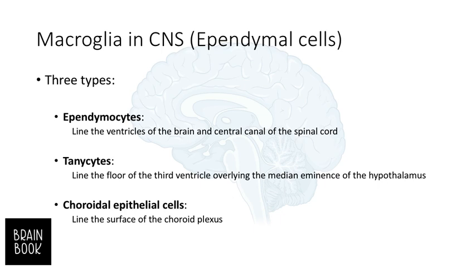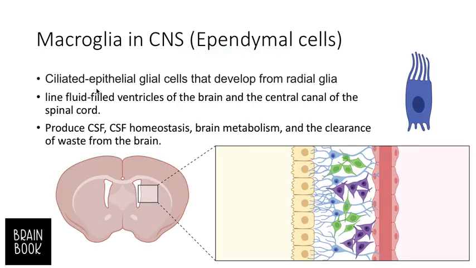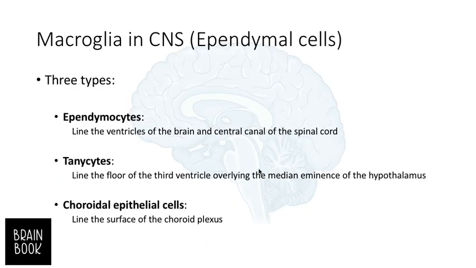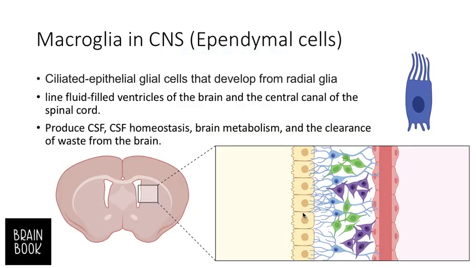Among the ependymal cells, we have three types. These three types are called ependymocytes, tanycytes, and choroidal epithelial cells. The ependymocytes line the ventricles of the brain and the central canal of the spinal cord, as we saw here in the last slide. These cells are ependymocytes.